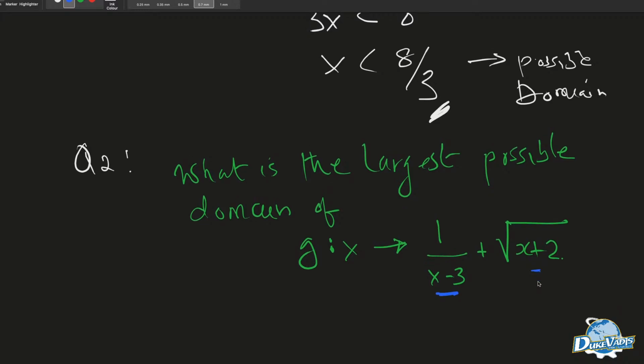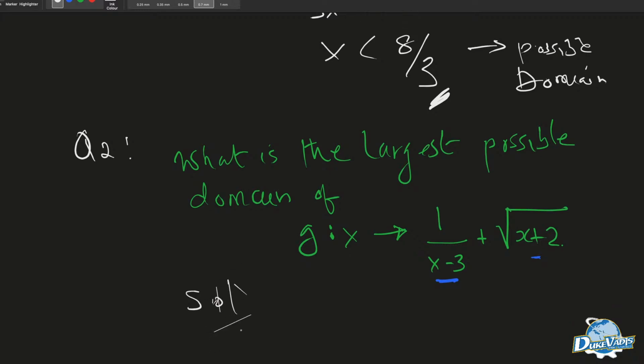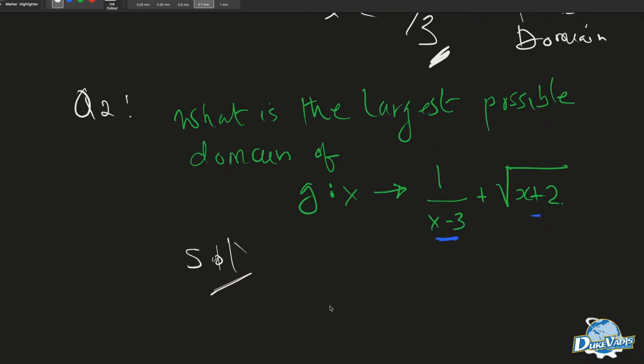So let's see our solution. We have g of x given as 1 over x minus 3 plus square root of x plus 2.